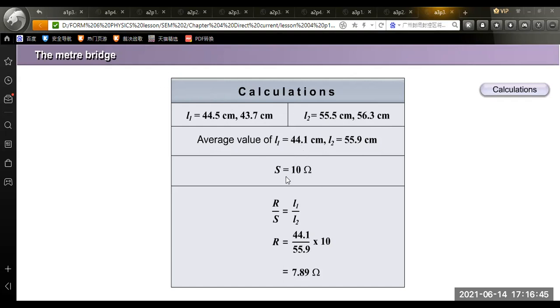From here, with the average values, S is equal to 10 ohm. So using R over S equals L1 over L2, with 44.1 over 55.9 times S of 10, we get that the resistance of the wire is 7.89 ohm.